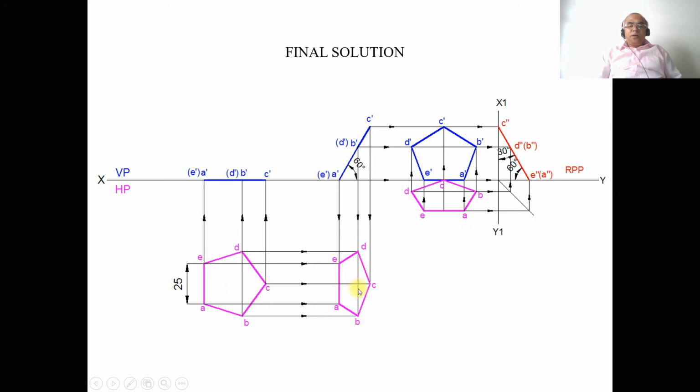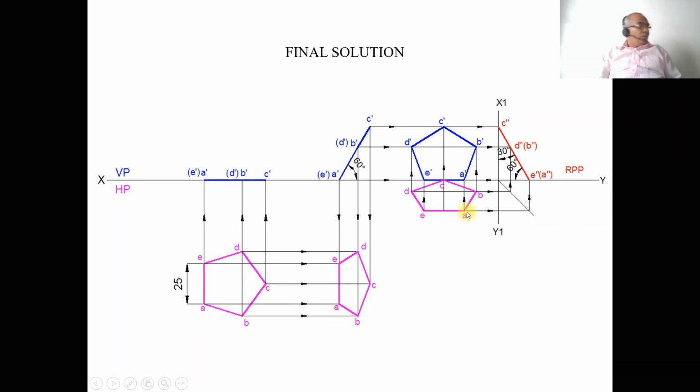Then using the compass with this as center, taking the radius of this to B, and also from this point to D, both are going to have equal distances, and you transfer them from here to this side, and also from this point to this side. Then you mark the points as B and D.